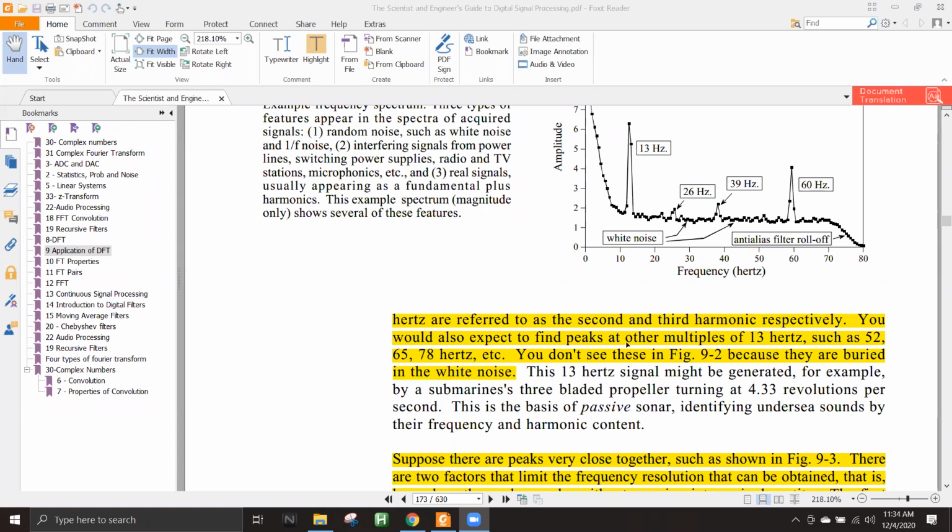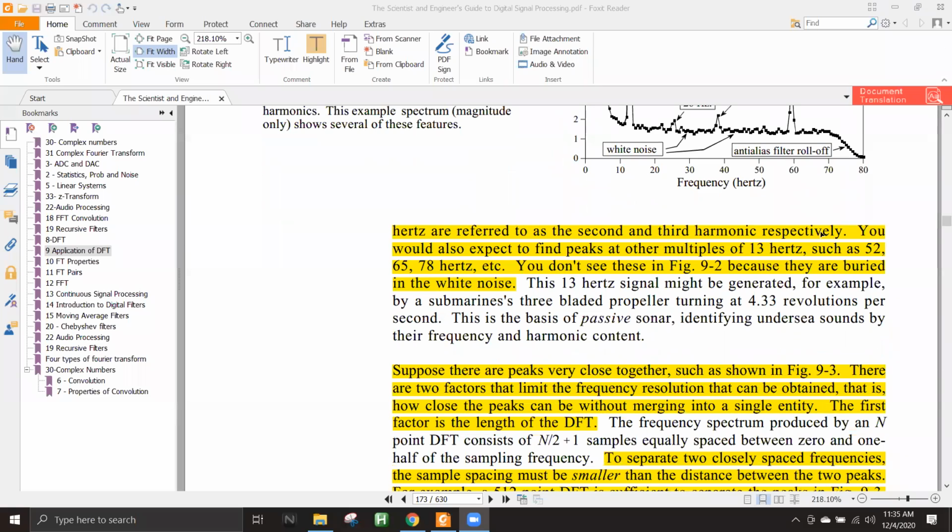You would also expect to find peaks at other multiples of 13 hertz, such as 52, 65, 78, but you do not see them here. Because these are getting buried under the white noise. The white noise, the small disturbance, is taking control of the small peaks. The small peaks are also here, but they will seem like noise, so it is very difficult to distinguish them from the white noise. But they are also here.